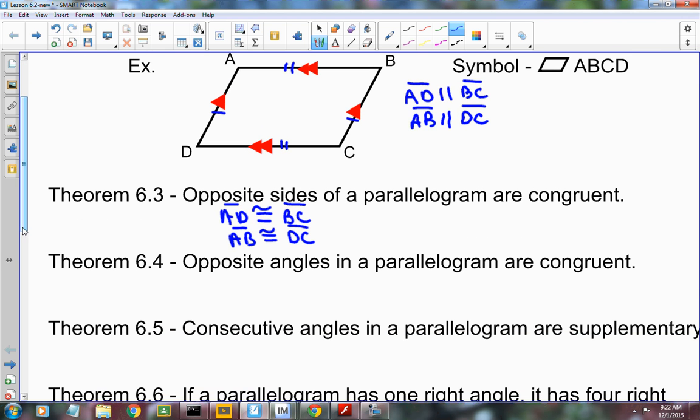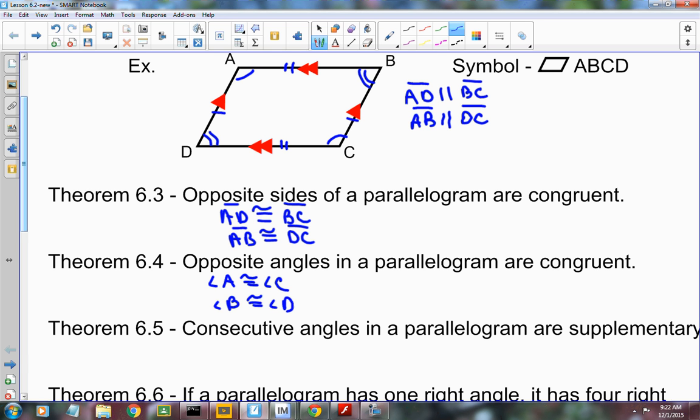Opposite angles are also congruent to each other. So angle A is congruent to angle C, and angle B and angle D are congruent to each other. So opposite sides are parallel, opposite sides are congruent, opposite angles are congruent.